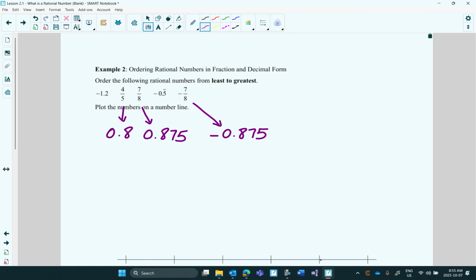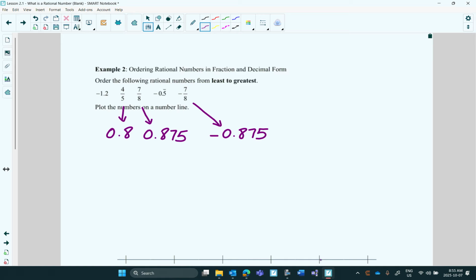Okay, so we've got them all in decimal. Now we're ready to order them. Remember, the opposite happens in the negative world. Like 2 is greater than 1, but -2 is smaller than -1. So if we're going from lowest to highest, or least to greatest, we want to focus on the negative numbers first. These obviously are going to be high because they're positive.